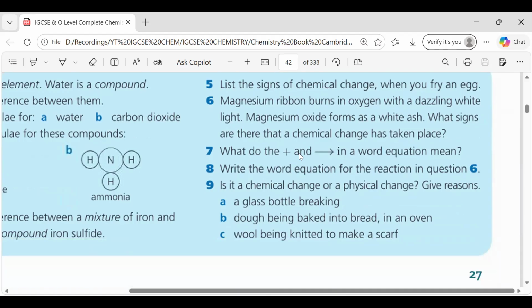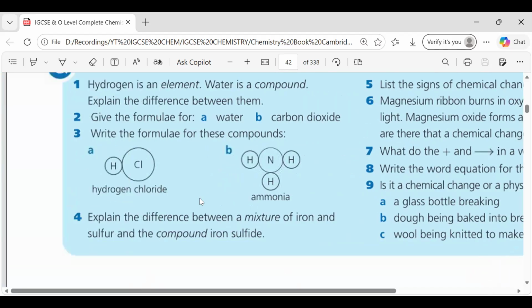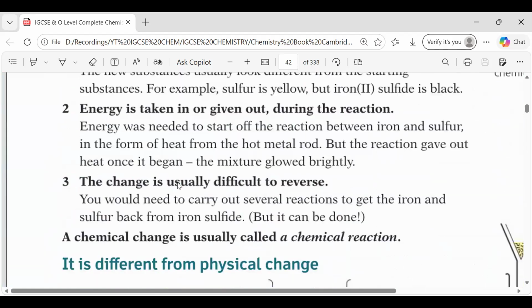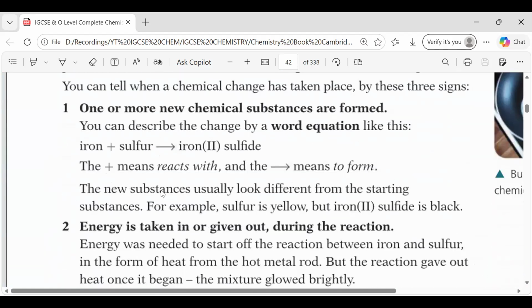What do the plus and arrow in a word equation mean? You see this one? I think the arrow shows the result of something in the equation, something that produces.